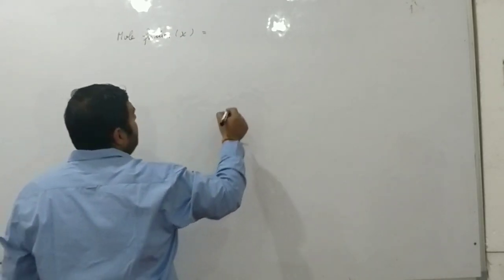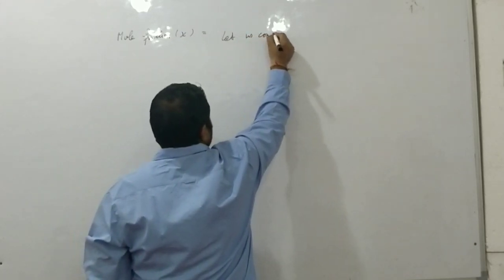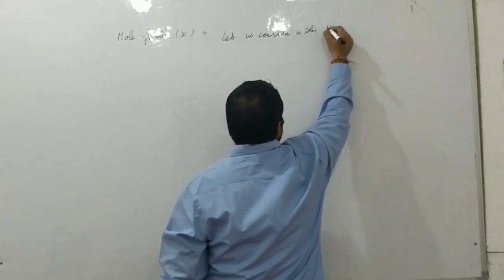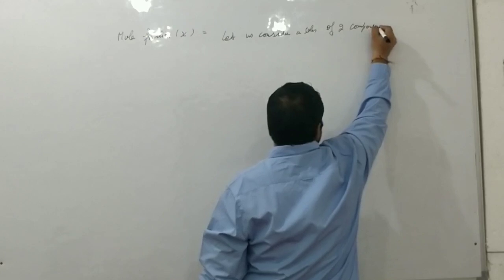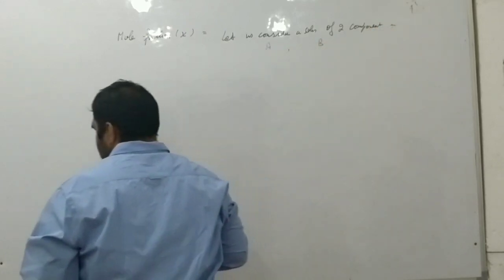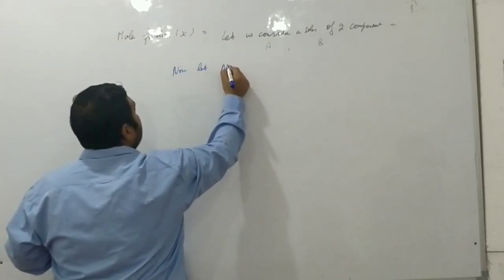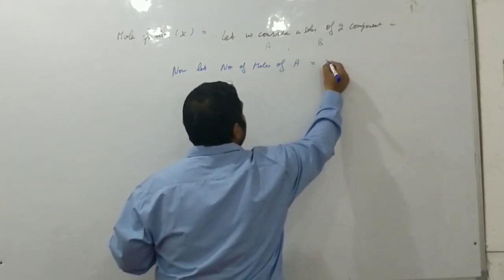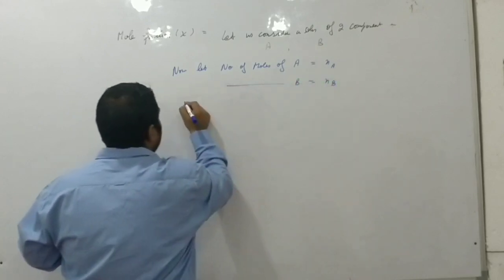So let us consider a solution made up of two components, that is A and B. Now let number of moles of A be equal to NA and that of B be equal to NB.